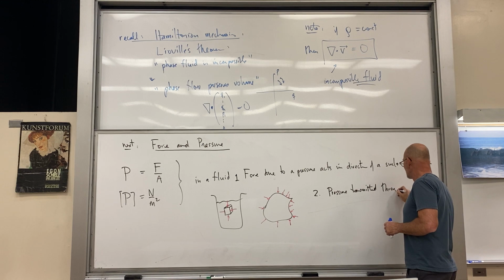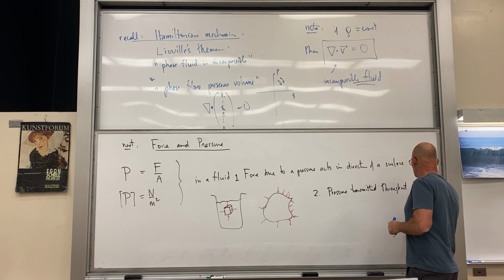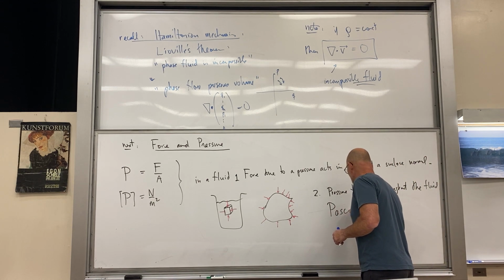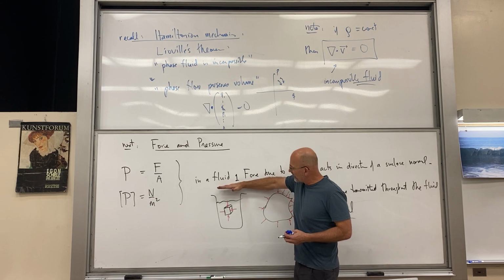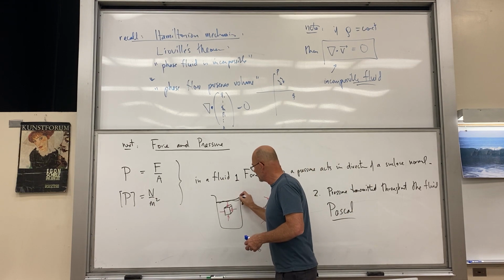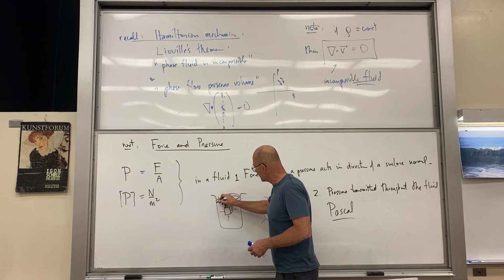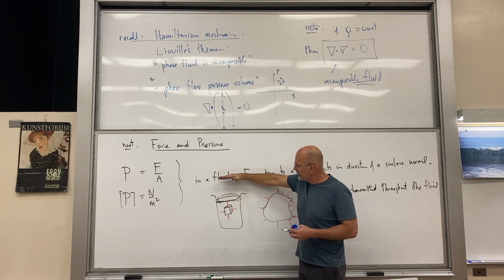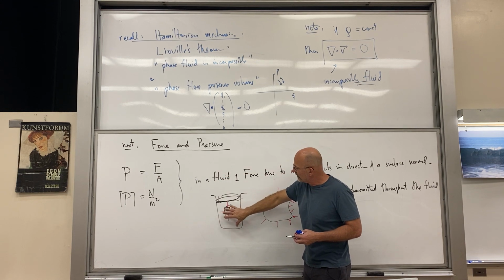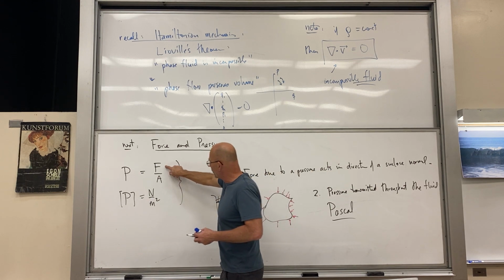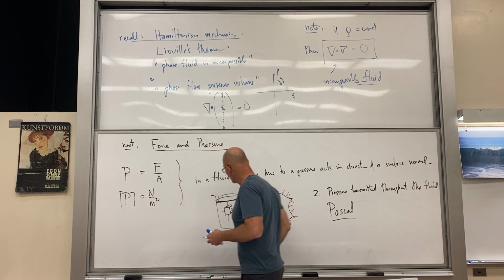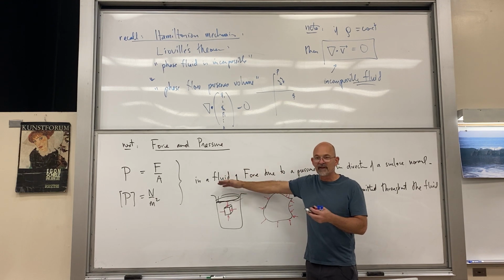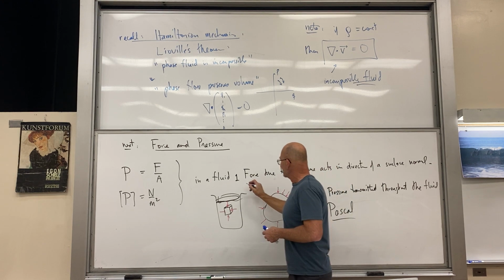So if you were to press down on this, say with a piston, you have the seal there, then the force that you're exerting down would be transmitted throughout the entire fluid. And of course, the force would be the pressure times the area. So you have the area here, the force you put on there, and the pressure is given by that force divided by that surface area.